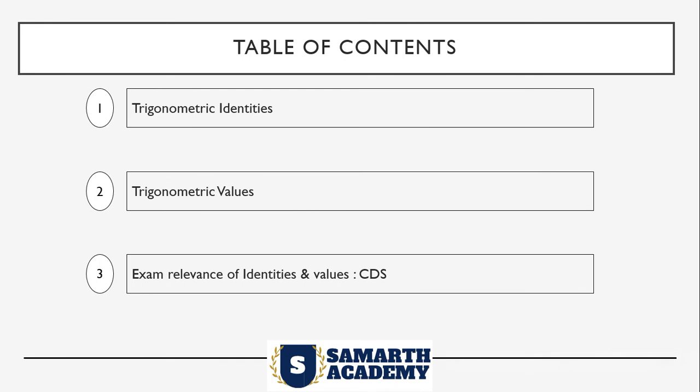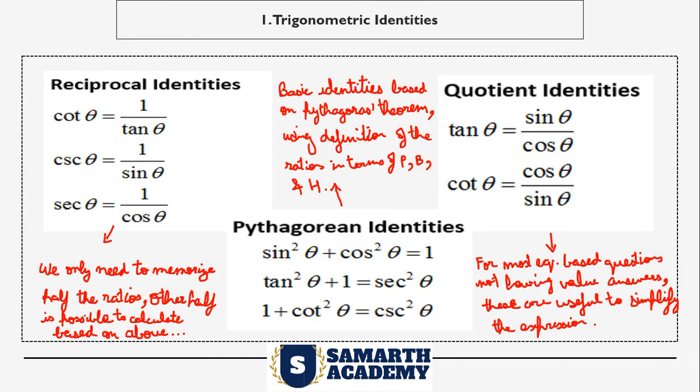First up, let's talk about the identities. There are three types of identities on the basis of which all the other formulas and identities are created. The first set is called reciprocal identities, which basically means that we only need to consider three basic ratios: sine, cos, and tan.